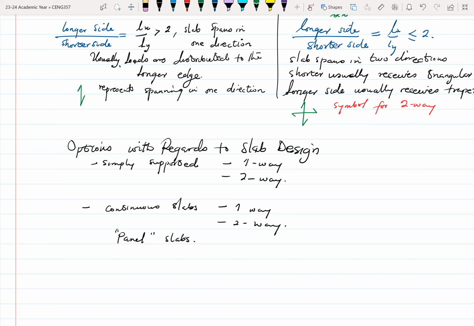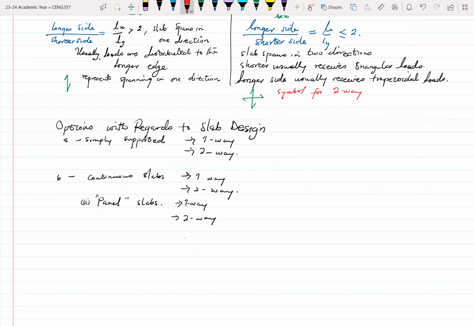So let me highlight this one as A, B, I. And they also can be in one way and then two way. So just take note of it.